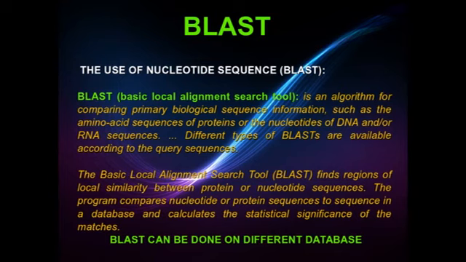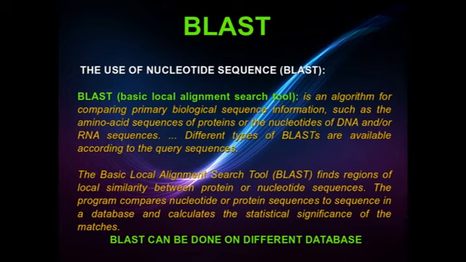BLAST is an algorithm for comparing primary biological sequence information to know the differences and similarities between two sequences or more than two sequences. You want to know the differences they have in the nucleotide bases. Maybe this particular sequence has 500 nucleotide bases, and the other one has 600. BLAST will tell you that this is 500, the other one is 600. Maybe you want to look at similarities and differences.